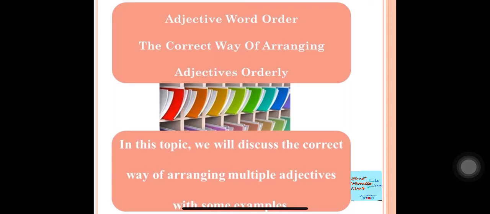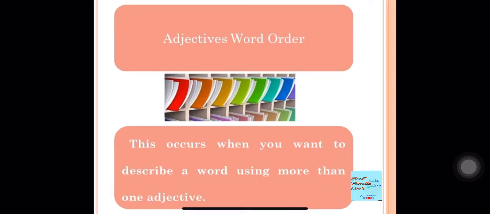So what we're going to do in this lesson, when we want to arrange or describe something, we have to follow the adjective word order table, all right? In this topic, we will discuss the correct way of arranging multiple adjectives with some examples. This occurs when you want to describe a word using more than one adjective.